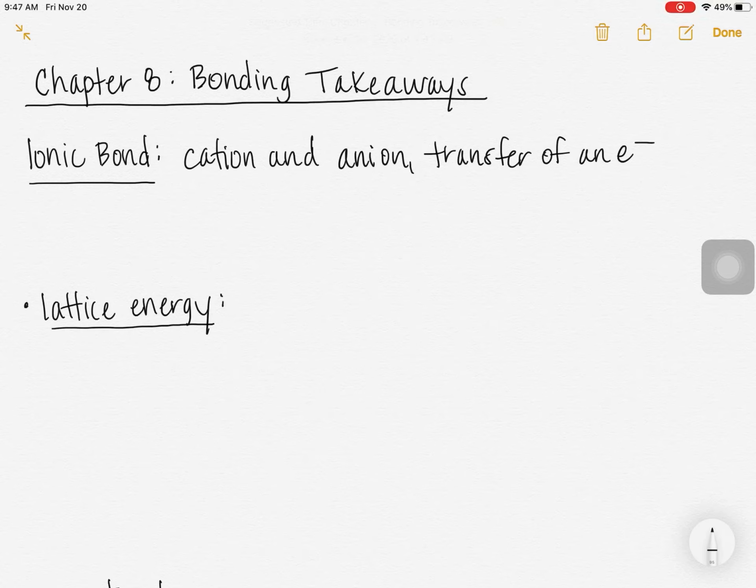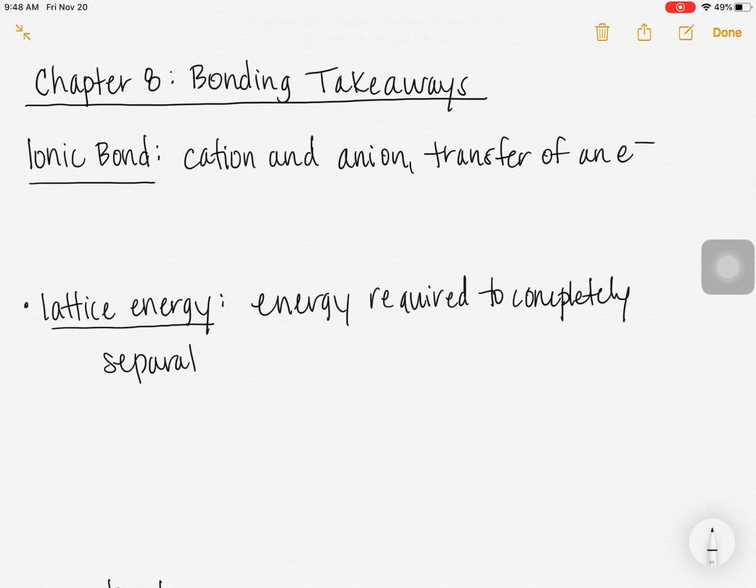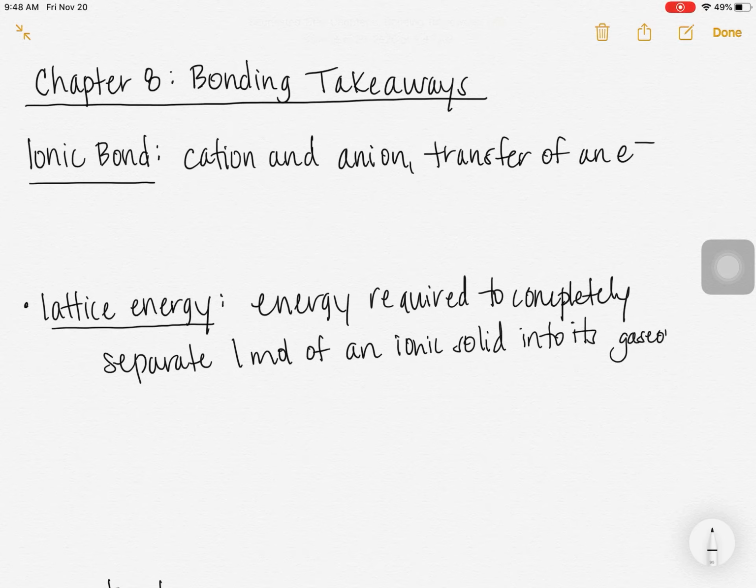And ionic bonds are governed by something called lattice energy, which is the energy required to completely separate 1 mole of an ionic solid into its ions in the gas form.